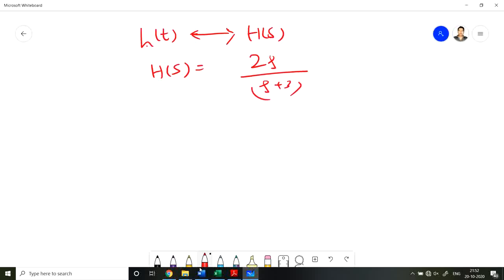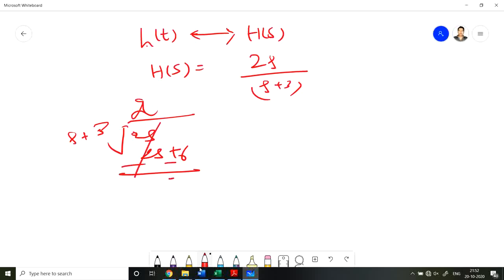Now we can see that the highest power of numerator and denominator is 1 only, so we need to perform the division. So s plus 3 into 2s: we multiply by 2, so it is 2s plus 6, then it will cancel out. So H(s) is written as 2 minus 6 divided by s plus 3.